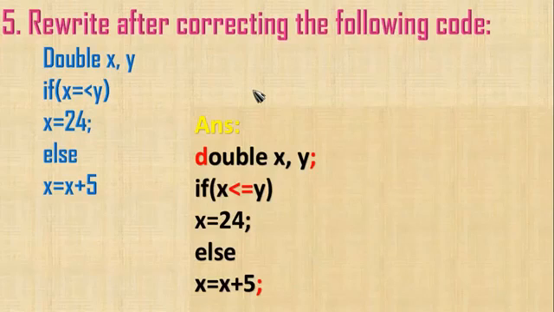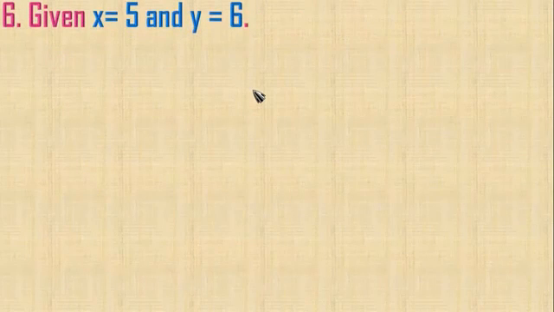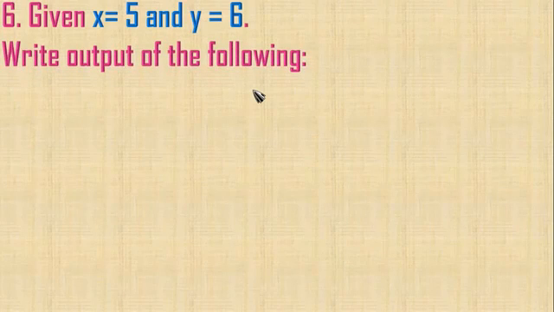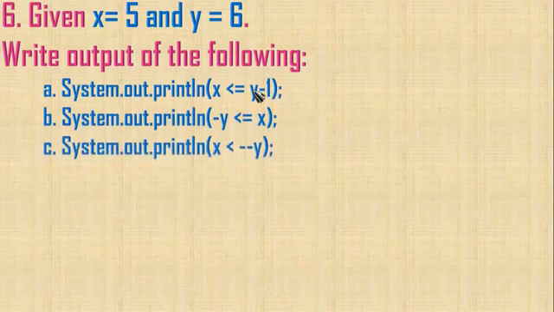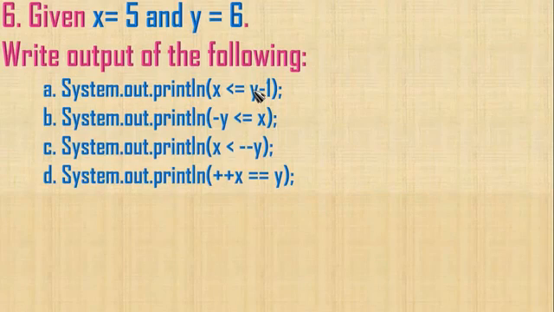Let us go to next question. Given x is equal to 5 and y is equal to 6, write output of the following. So here 4 sums are given. When there is a relational operator, it will say whether true or false. Then arithmetic operator is also included here. So as per precedence of operators, arithmetic operator will be done first and then relational operator is checked.